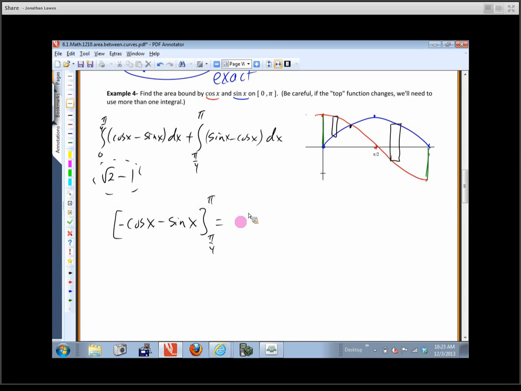So let's see what we get. I get minus this, whoops, cosine of pi minus the sine of pi. Okay, and when there are this many negatives floating around and I've got to evaluate trig functions, I do like to put the second one in parentheses. So this is going to be negative cosine of pi fourths minus sine of pi fourths.